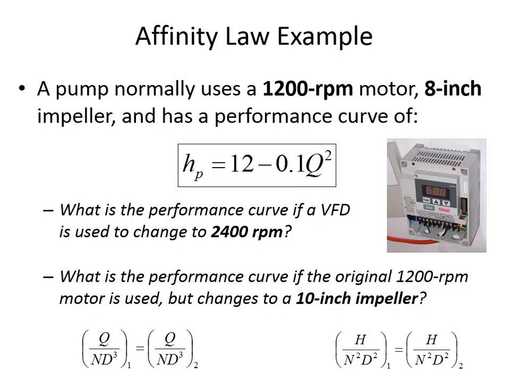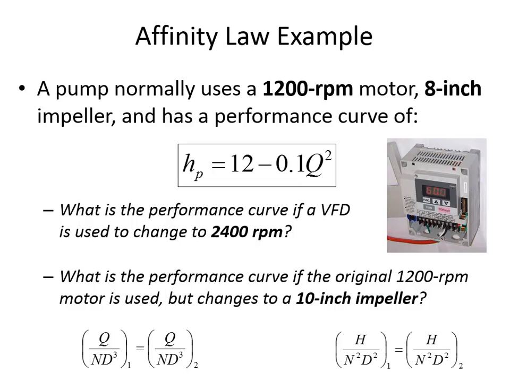Okay, so Q1 is 8 inches cubed, because that was the diameter of the first pump, times Q2 divided by the diameter of the second pump, which is the 10-inch diameter, cubed. That gives us Q1 is 0.512 Q2.